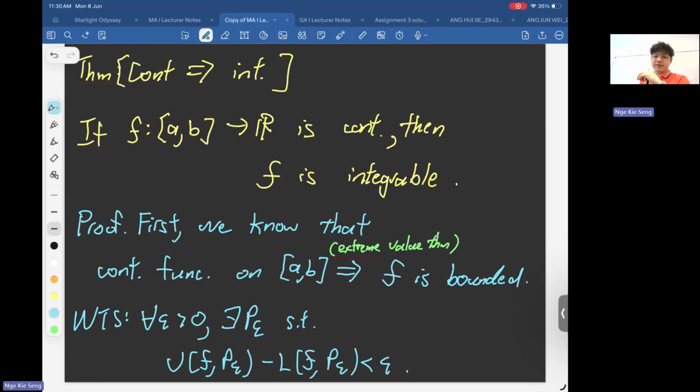Well, if I fix this P epsilon, it will fix how I find the sup and inf, because the sup and inf are defined across the sub-intervals that you define. So when you define this partition, you need to make sure your sup and inf make sense, as close to each other as possible.